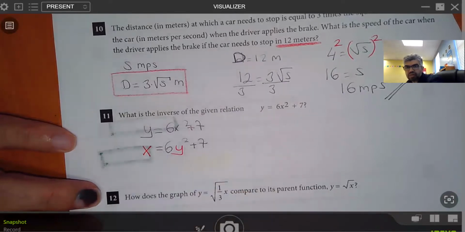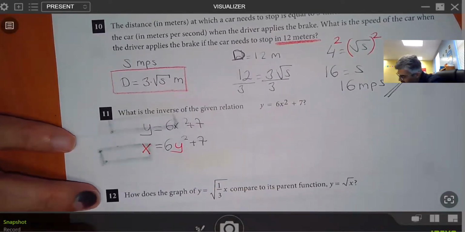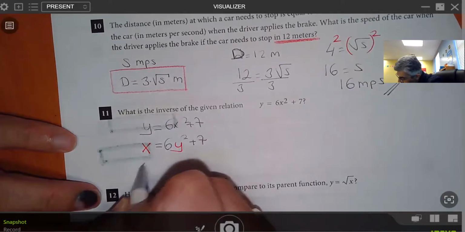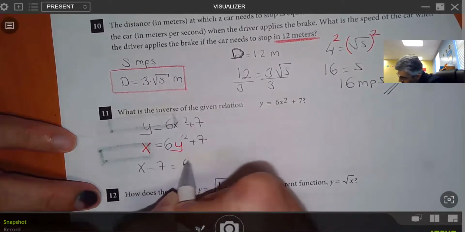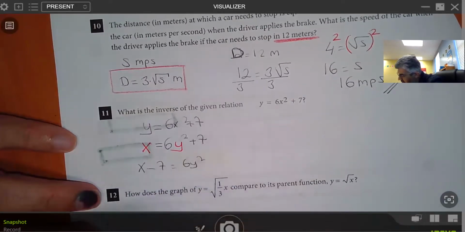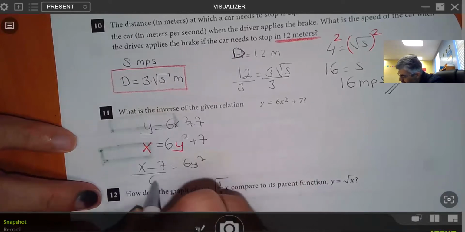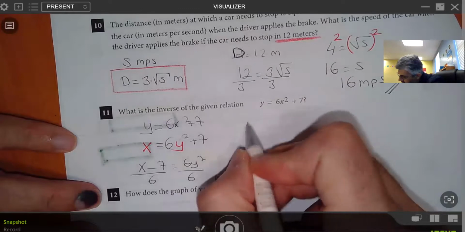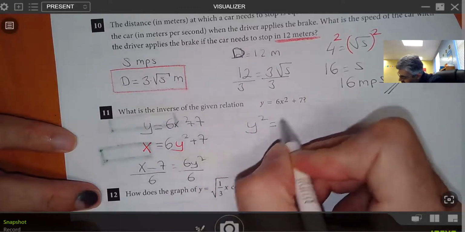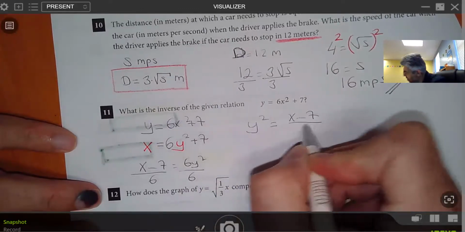From here, we isolate y as the inverse of the function. We subtract 7 on both sides: x minus 7 equals 6y squared. Then we divide by 6 on both sides and have y squared equals (x minus 7) over 6.